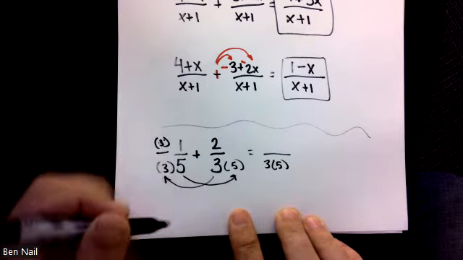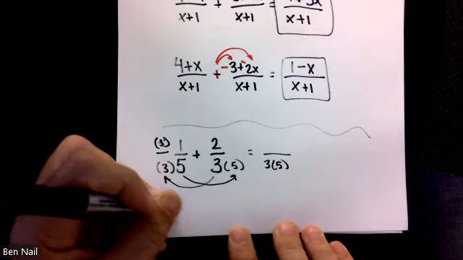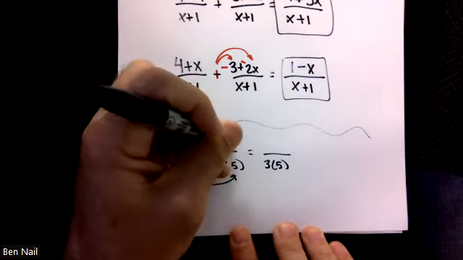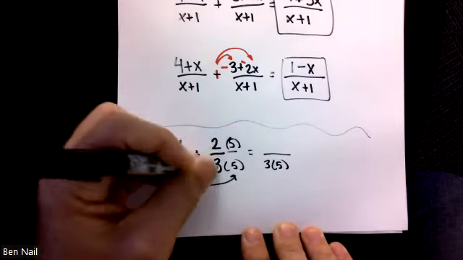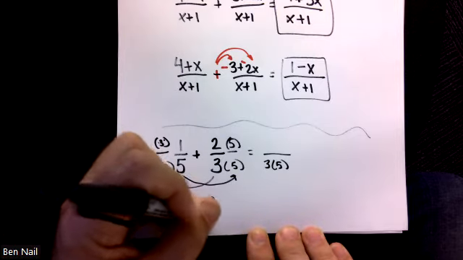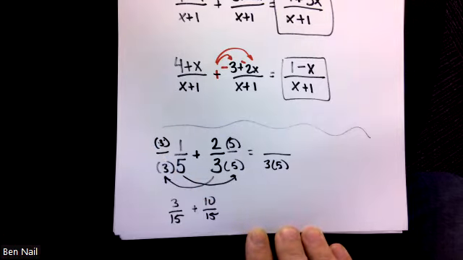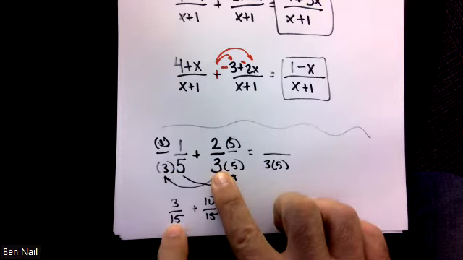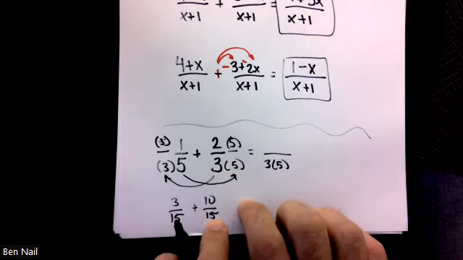So 1/5 times 3 is essentially 3/15. We multiply that 5, okay, 2/3 times 5/5 is 10/15. So that gives us equivalent fractions. So 1/5 is the same as 3/15. It's basically just unreduced. 2/3 is the same as 10/15.